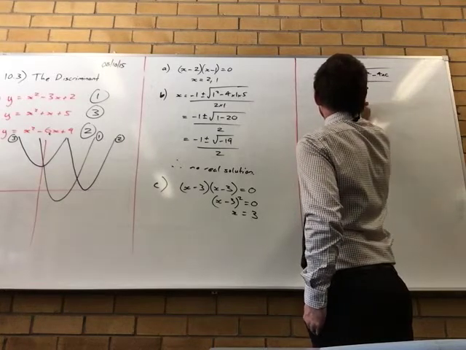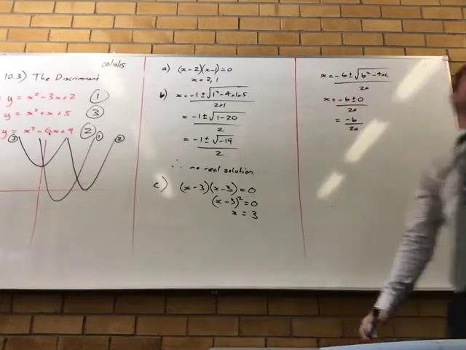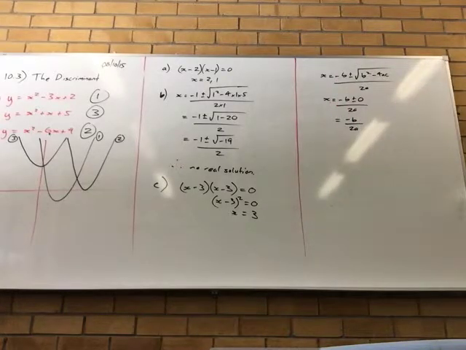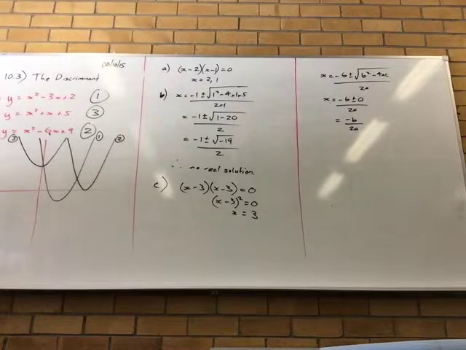You have one root. So, when the expression equals 0, you have one root. When the expression under the root is greater than 0, you're going to get two different roots, because you're adding or subtracting a number that's not 0.